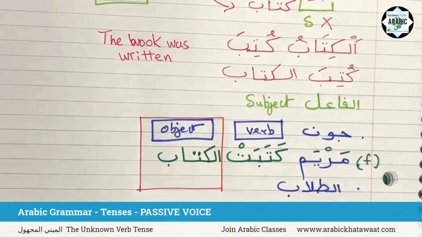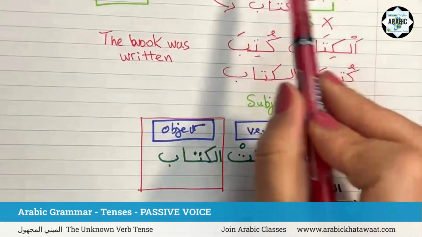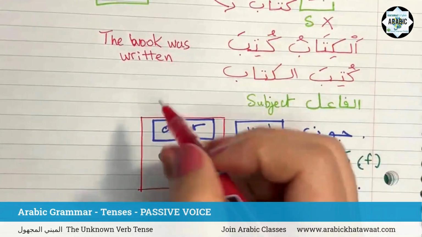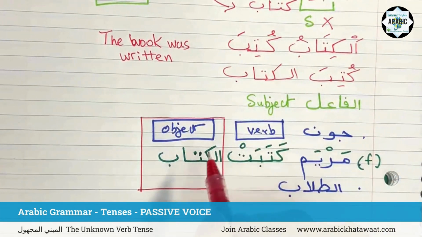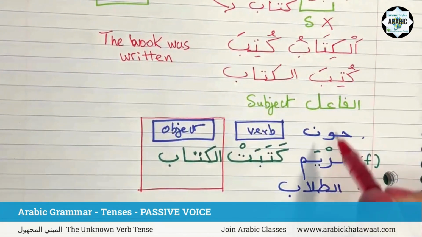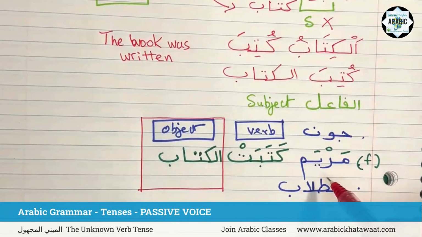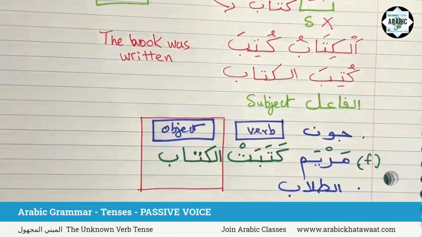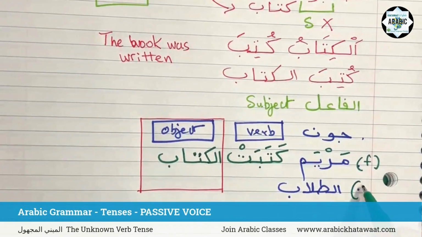When I use المبني للمجهول, I have to always remember that I'm only going to be talking about al-kitab. I'm not going to be talking about Maryam. So it doesn't matter who executed the action, whether it's masculine or feminine. It could be John, even if it's plural over here.